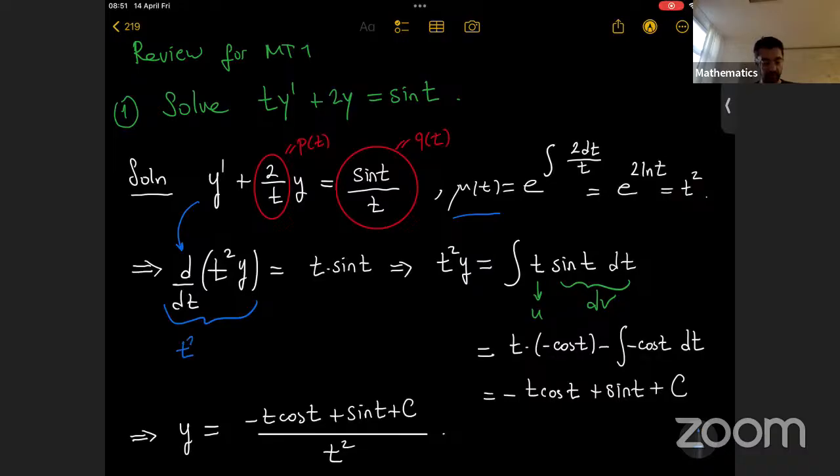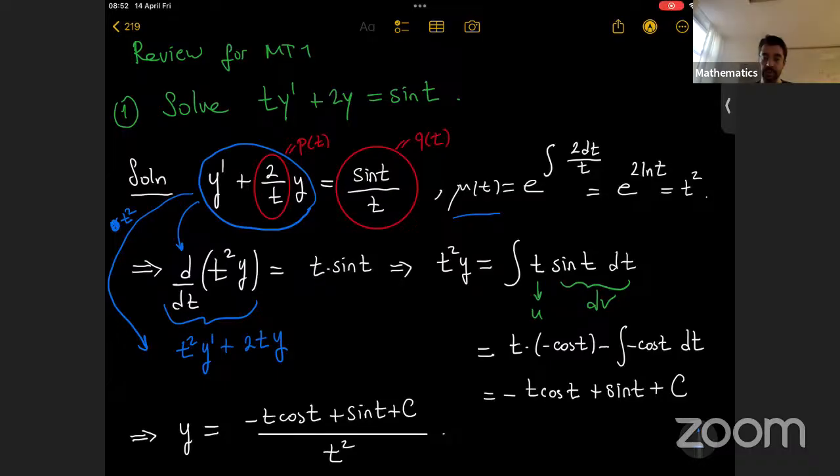It's t squared times y prime plus 2t y, right? And this is nothing but you multiply the whole thing here by t squared, right? Clear now? Yes, thanks a lot.